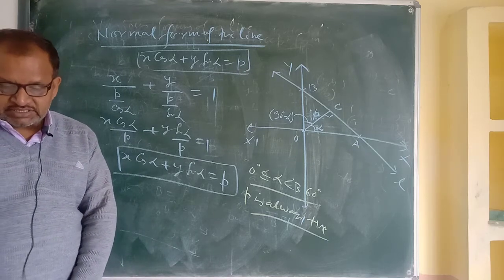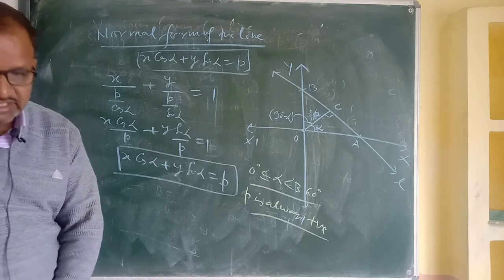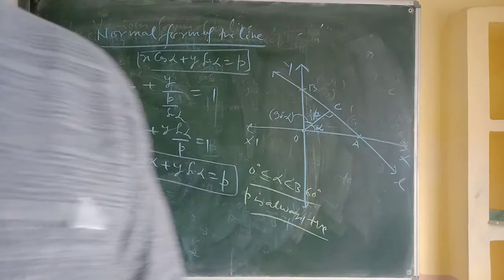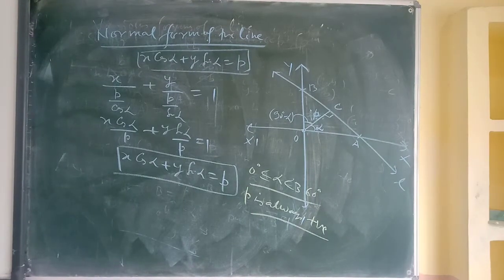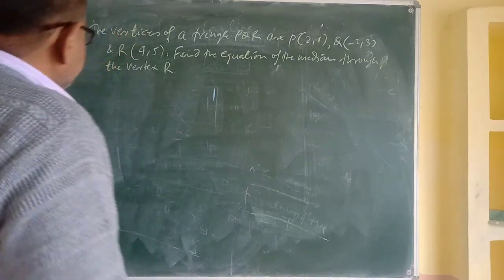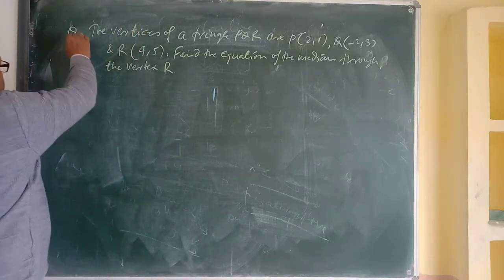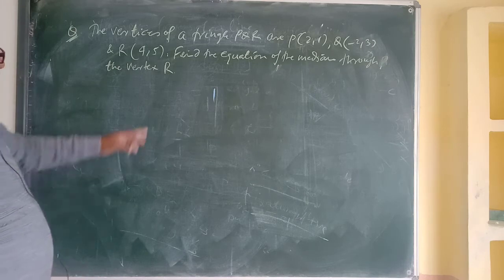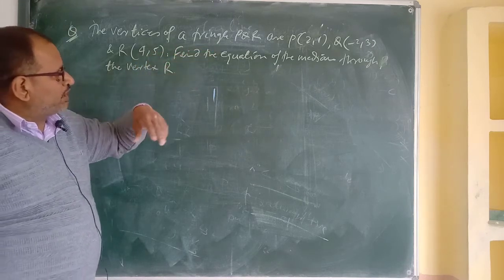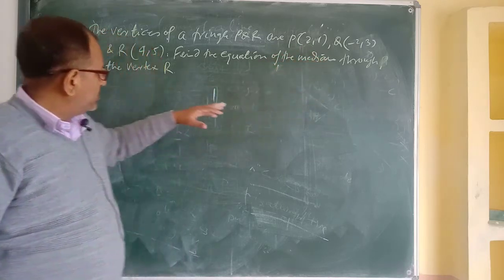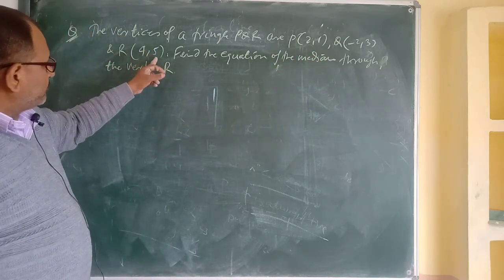Now we will discuss some problems based on the equation of a line. I have taken one question here. The vertices of a triangle PQR are P(2, 1), Q(-2, 3) and R(4, 5).